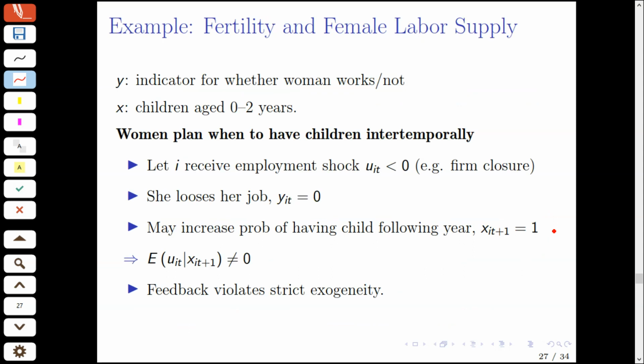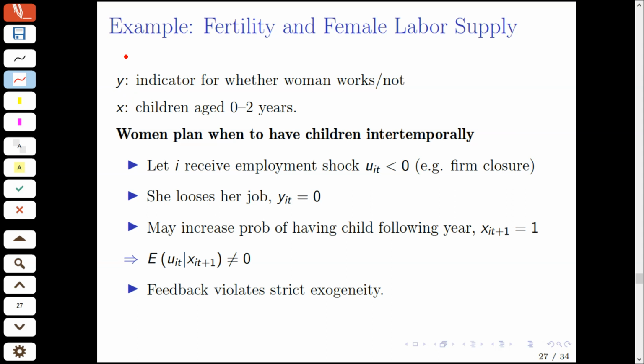At this point, it may be fruitful to go through an example. So let's talk our way through an example concerning fertility and female labor supply. For this example, let y be an indicator, that is a 0-1 variable, for whether a woman works or not.